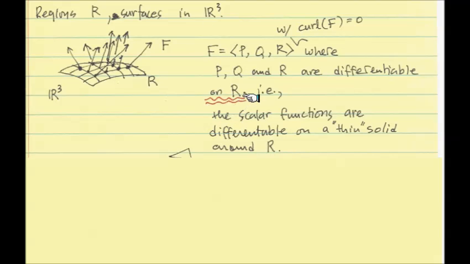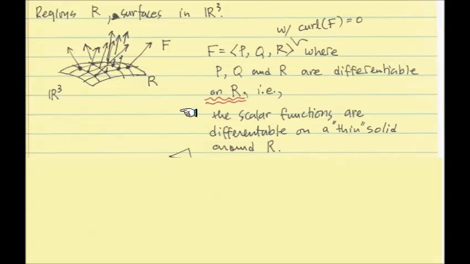And it is difficult to think about the meaning of differentiability on R. So we're going to introduce this slick notion. We're going to say these P, Q, R, the scalar components here, are differentiable on this surface R if you can thicken it just around the neighborhood to create a nice little bit of a solid. In that way we have a 3-dimensional space around this R, and the meaning of differentiability on that solid makes sense.